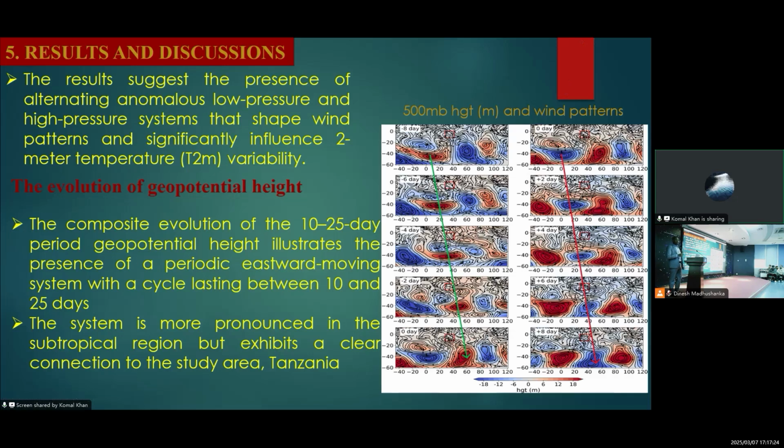It is happening in the mid latitudes of the southern hemisphere, and the influence incorporates the systems in the Mascarenhas region.